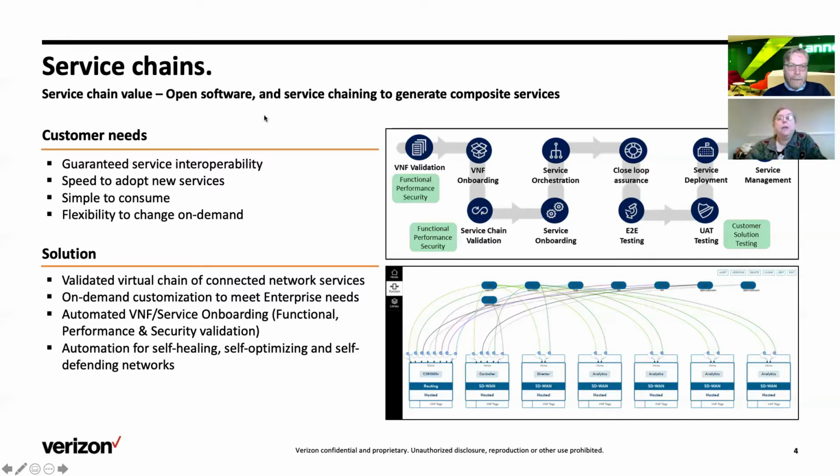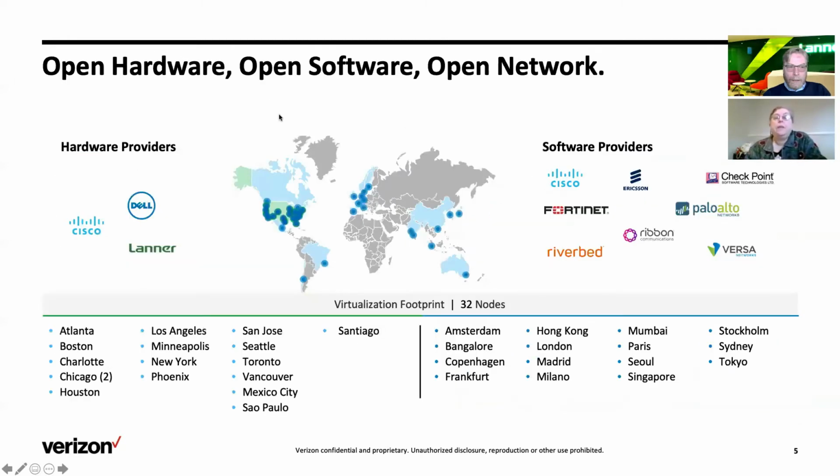So moving on. So obviously Verizon's a global company and these services are available globally. Another thing to think about is that we built these services using open source software. And of course, we're using open hardware. And I know Sven will be talking a little bit more about that as we go.